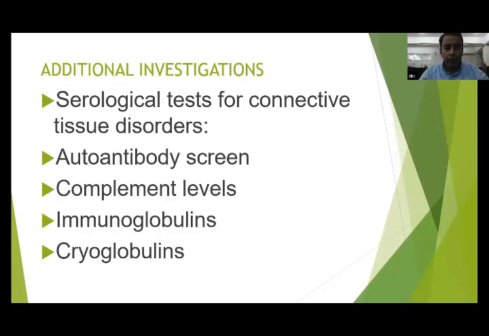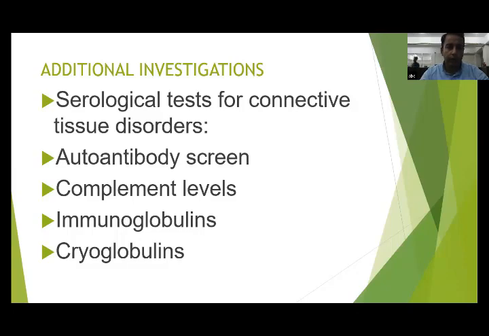Additional testing is sometimes important in cases of connective tissue disorders, such as detection of ENA, RA factor, anti-Smith antibodies, anti-centromere. When you suspect a connective tissue disorder, go for these.